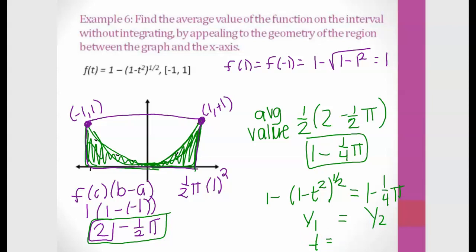So we can do that. You can also check, because it's an average value, on a calculator, your equation to make sure you've got the correct area under the curve.